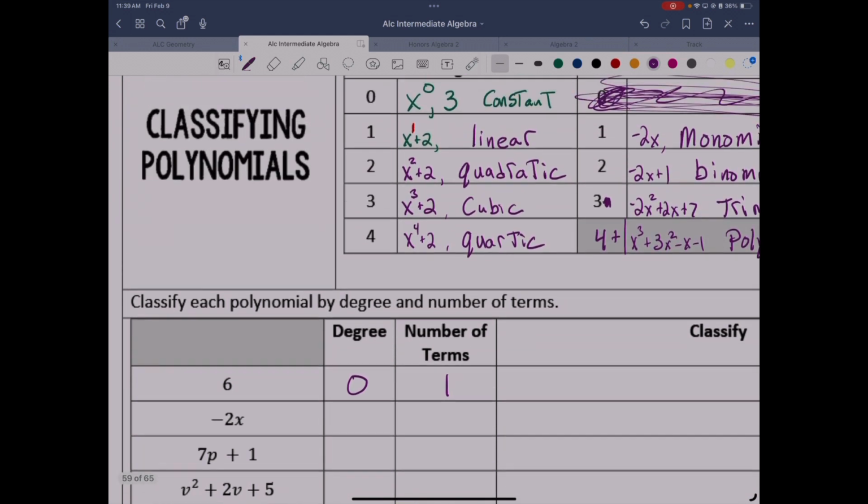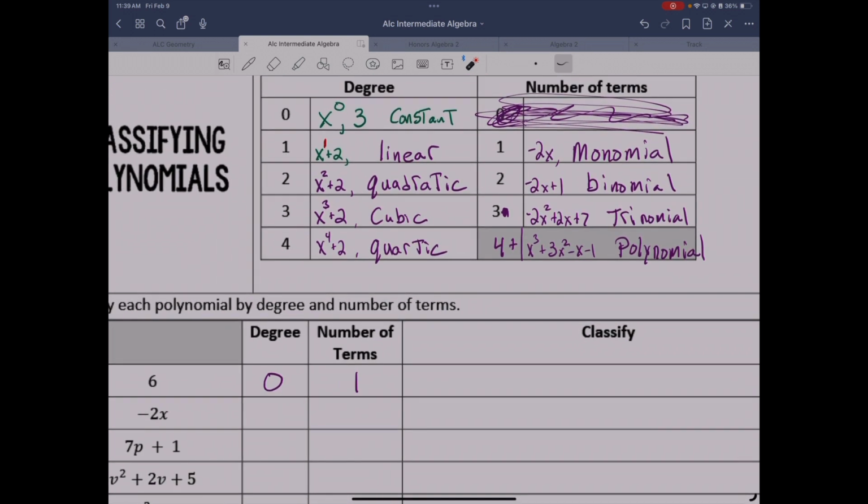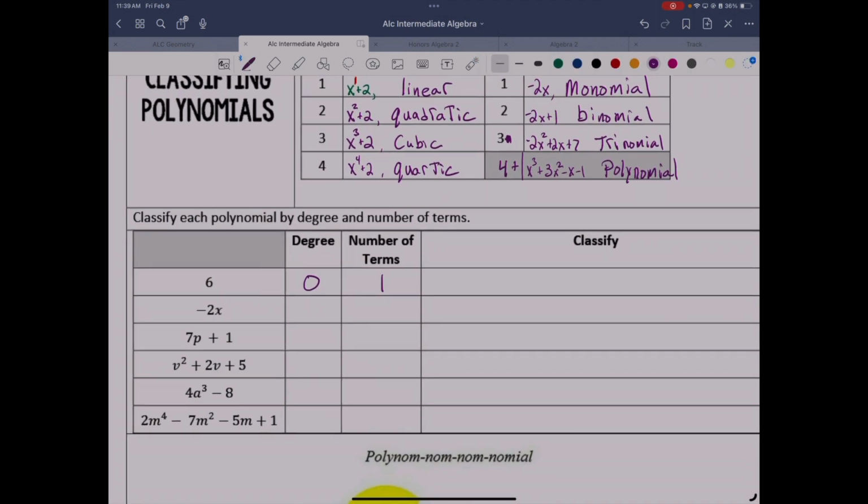So if we look up at our chart from above, that you're going to have for your test, we would call this a constant monomial. So we just look up here, find the number of degrees, it was 0. It's called a constant. Number of terms, monomial. So how do we classify that? We classify this as a constant monomial.